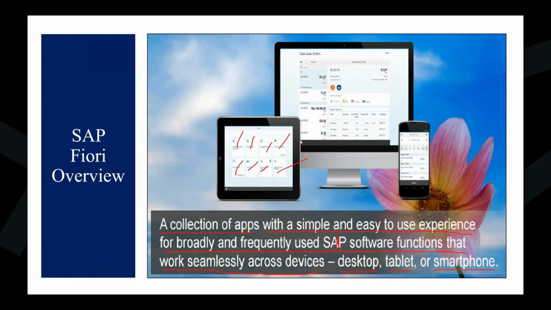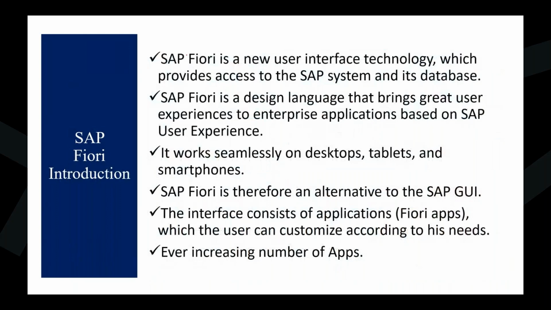It is called a tile also. The earlier GUI, you can use it only on the desktop or laptop, but this Fiori, you can use on the mobile phone also. It's basically web based, we will discuss that. So basically it's app based, tile based. SAP Fiori is a new user interface technology which provides access to the SAP system and its database.